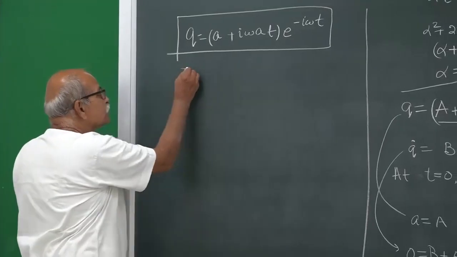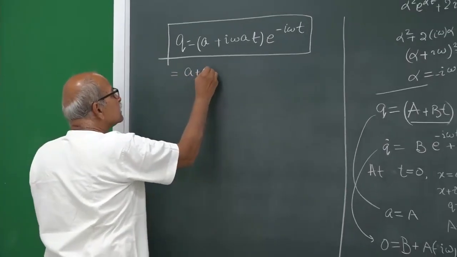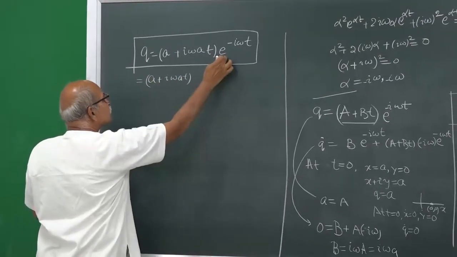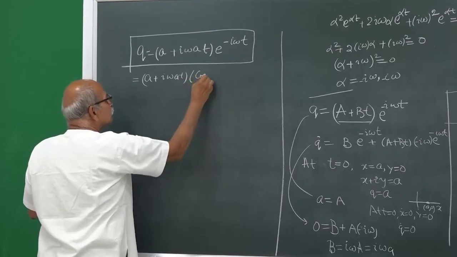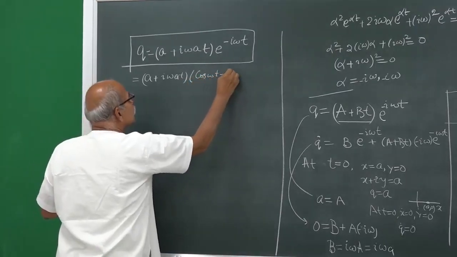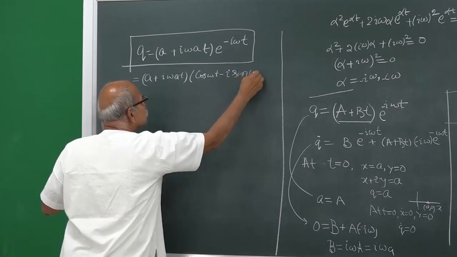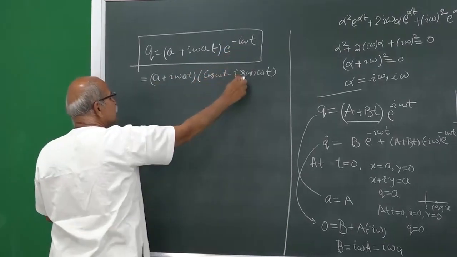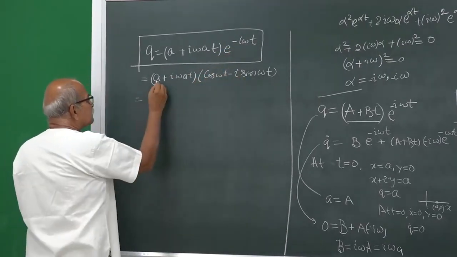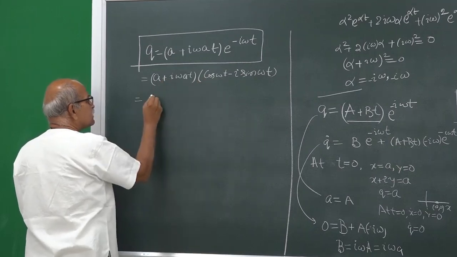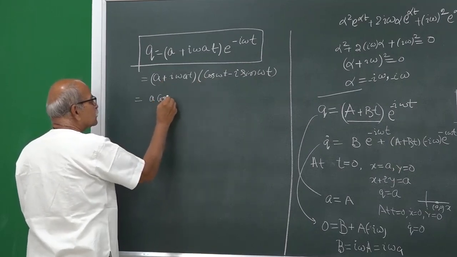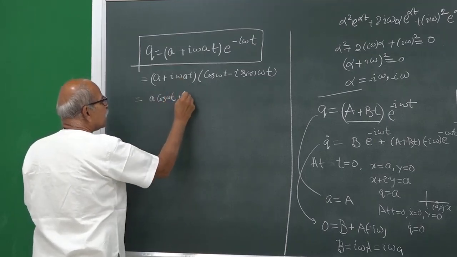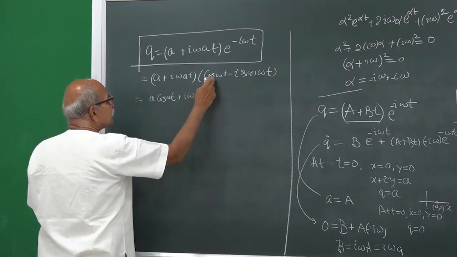So, this is equal to a plus i omega a t, and this quantity here is cos omega t minus i sin omega t. This is called De Moivre's theorem. Open the bracket: a multiplied by cos omega t, then i omega a t multiplied by cos omega t.